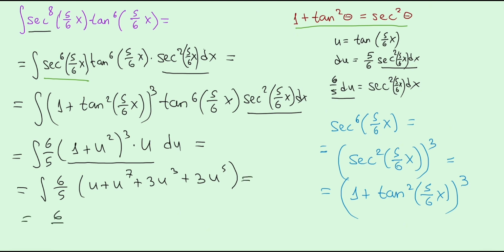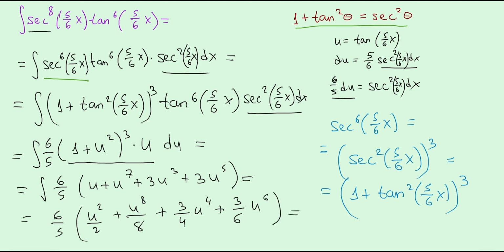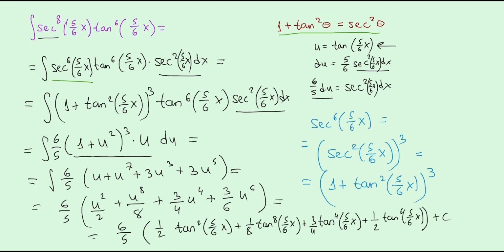Now after we integrate, we will get u squared over 2 plus u to the 8th over 8 plus 3/4 u to the 4th plus 3/6 u to the 6th. And the last step will be to replace everything back with tangent of 5/6x. After substituting tangent back into the equation, this would be the answer we will get.